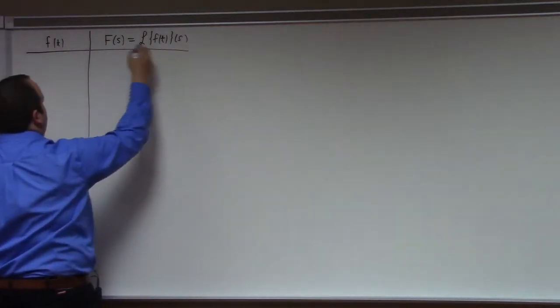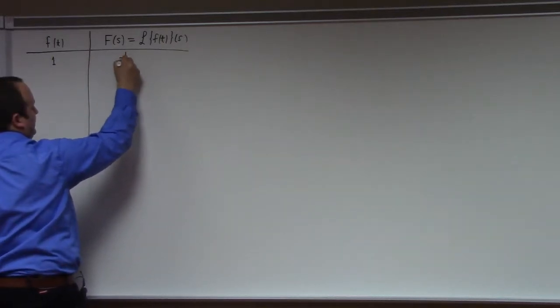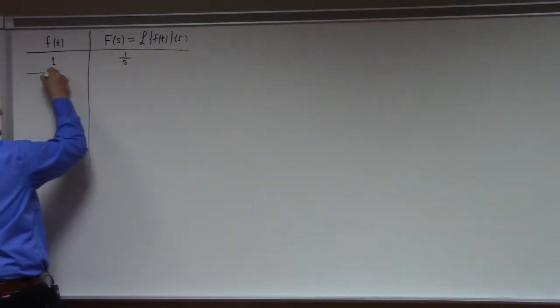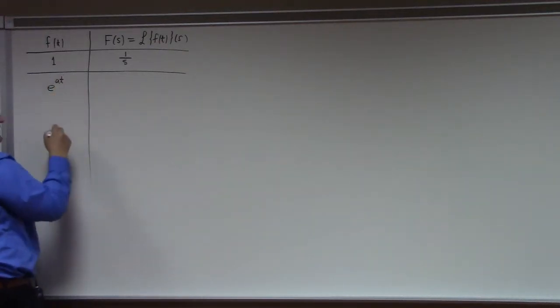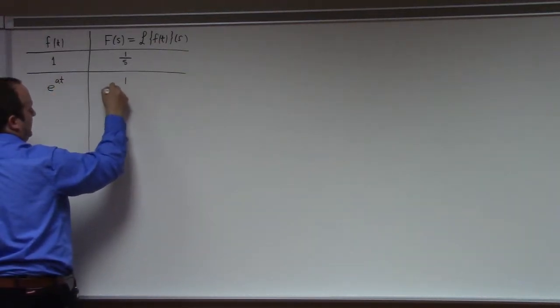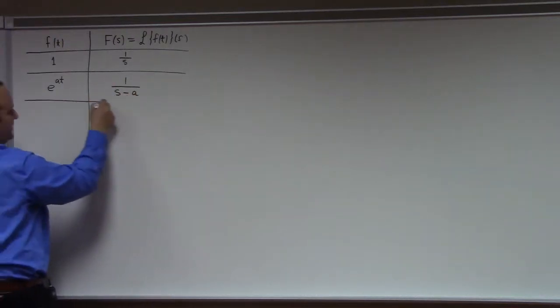The first one I did was 1, with a Laplace transform of 1 over s, right? Next, I did e to the at, and we learned that the Laplace transform of that was 1 over s minus a, right?